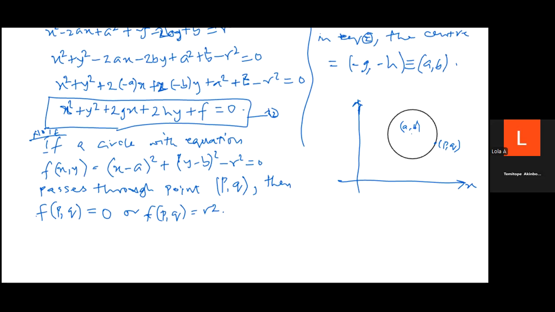Yes, sir. Okay. So please write that and sketch the diagram. Then we'll now see examples.